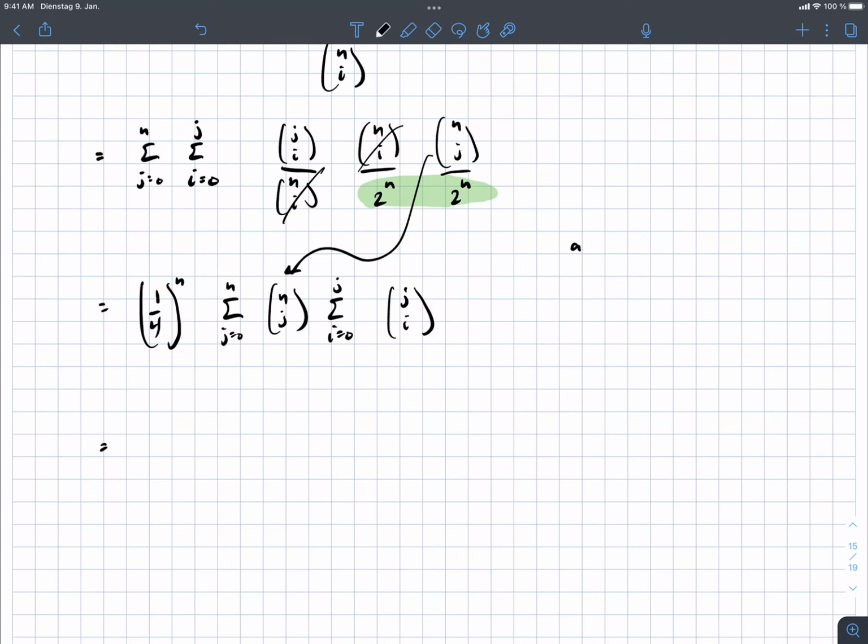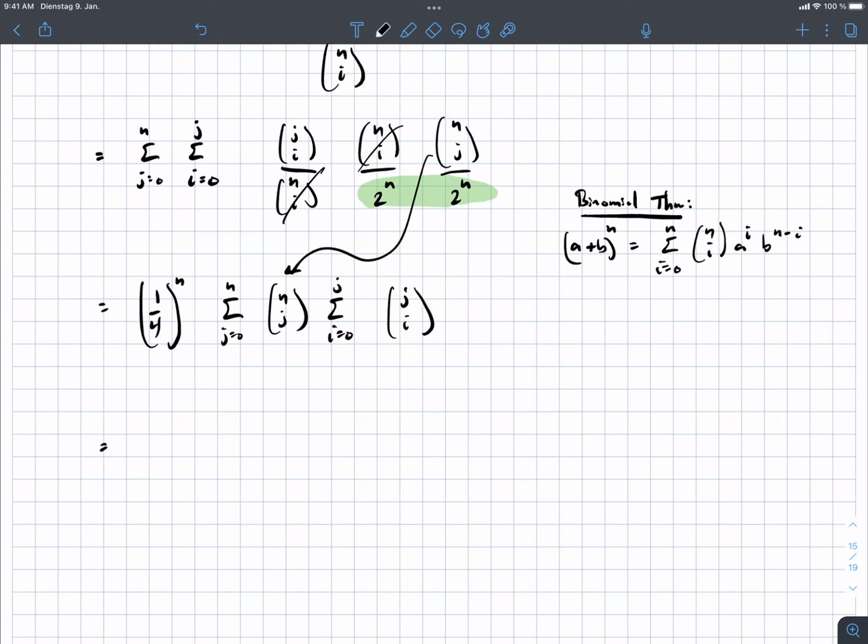The binomial theorem says (a + b) to the power n is equal to the sum from i = 0 up to n of n choose i, a to the i, b to the n minus i.